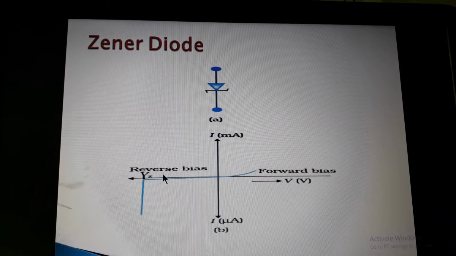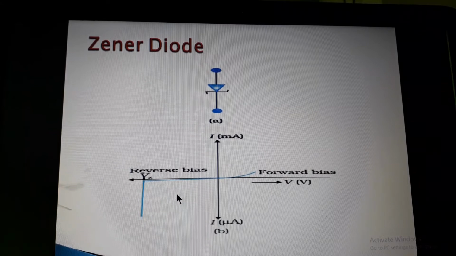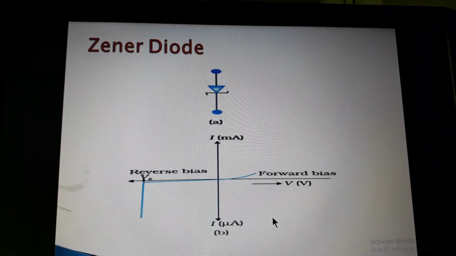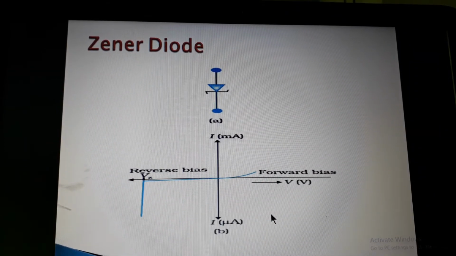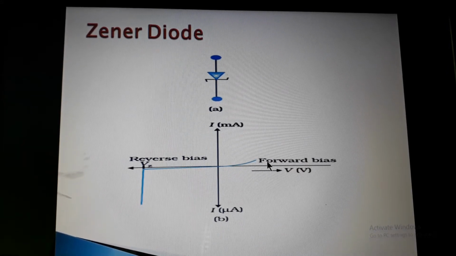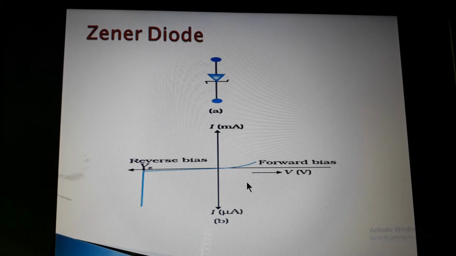So the electrons, the minority carriers in p type, move to n type, and the holes, the minority carriers in n type, move to p type. Due to this process some current flows, which is in microamperes.